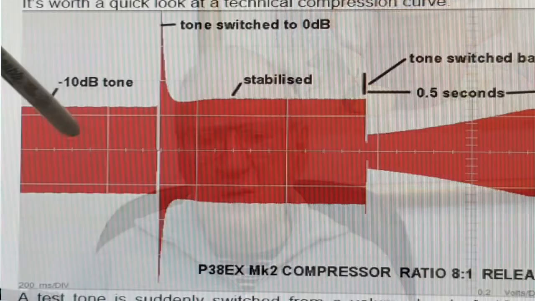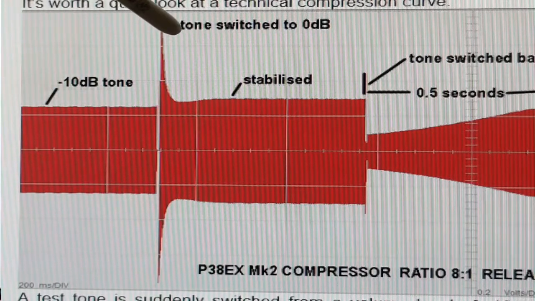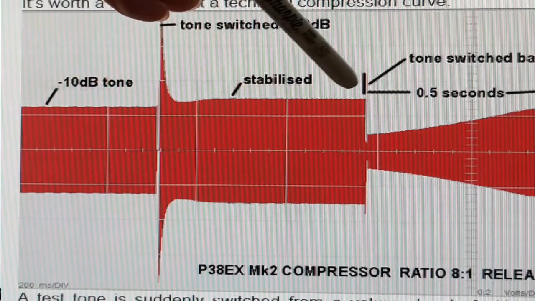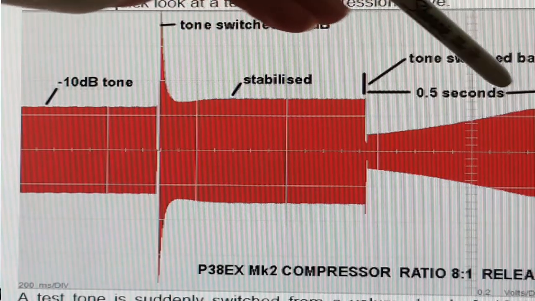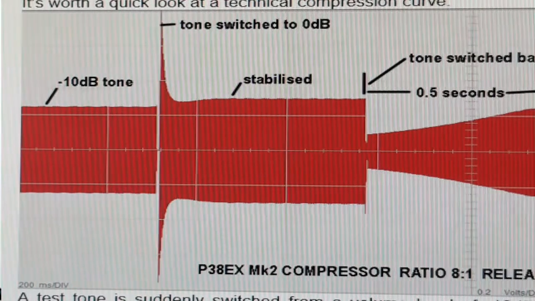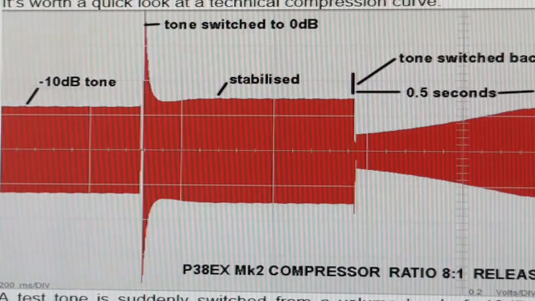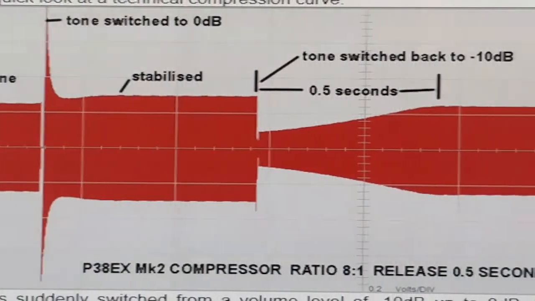On the computer plot, you can see the spike as the compressor grabs the control of the audio. The volume stabilizes to a volume level of about minus 9 dB within a few milliseconds. Then, when the test tone is switched back down to minus 10 dB, the volume, in this case, smoothly reverts back to the minus 10 dB level in about half a second.